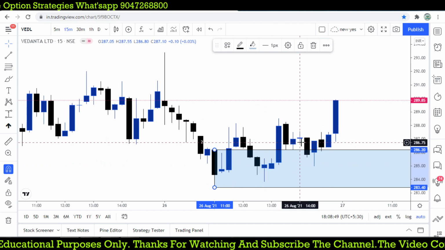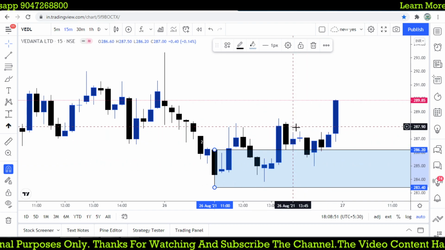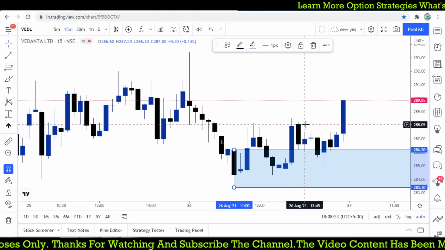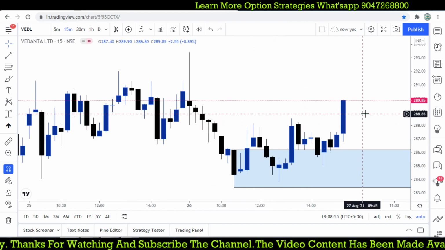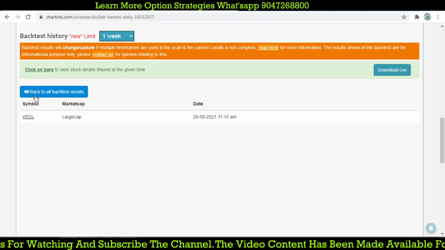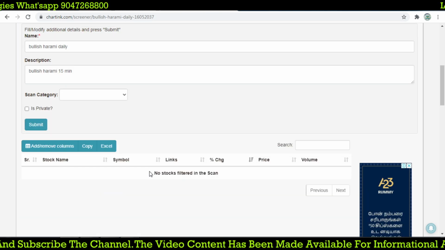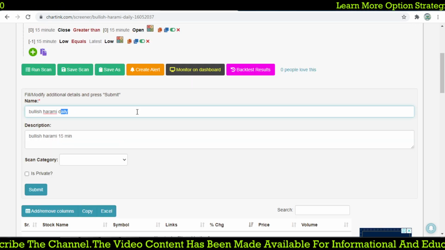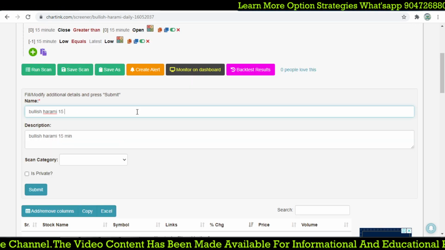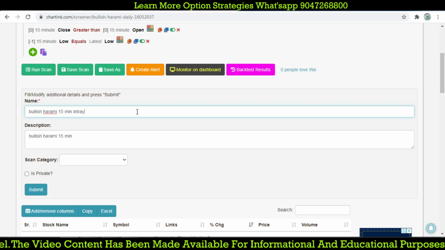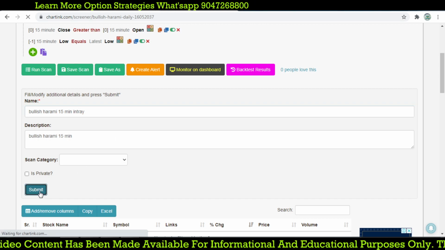It is not giving a 1:1 risk reward ratio, but it was giving such a great profit. So this is the one we are going to make a scanner for, a Harami candle. We will save this as 15 minutes intraday. Submit it.